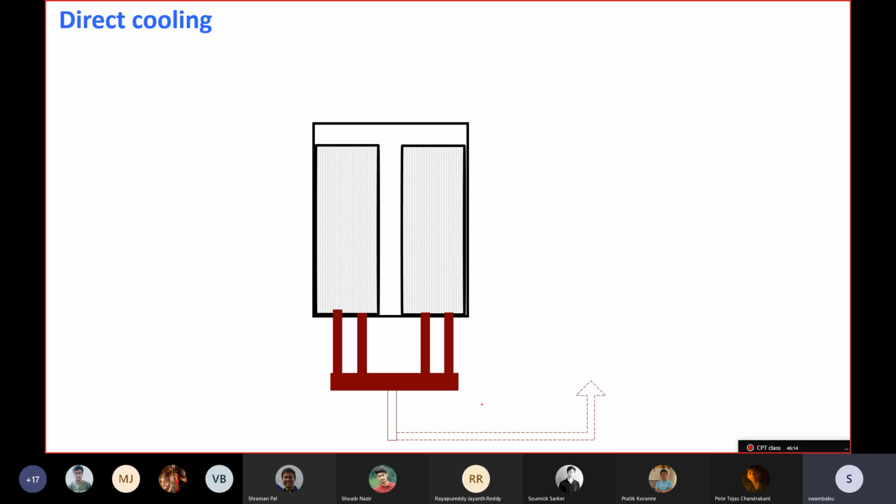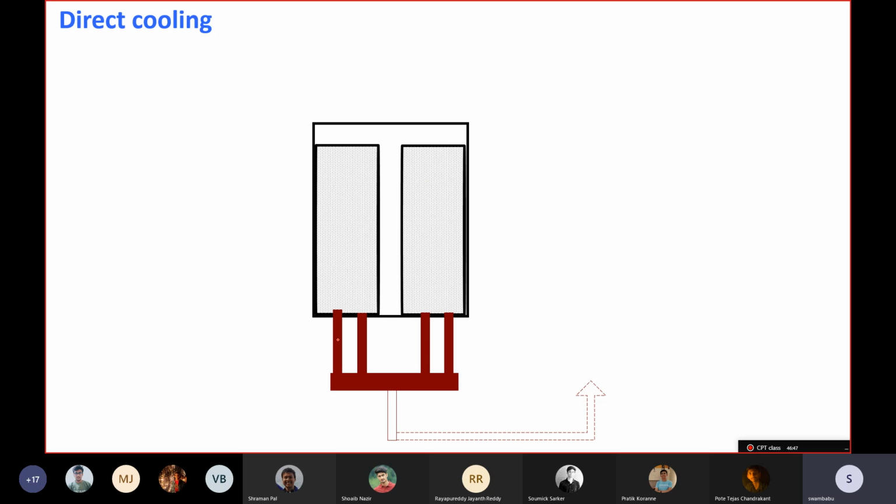So this is the packed bed reactor. Instead of one single bed, it is divided into two beds. Previously we have seen one complete bed. Instead, it is divided into two beds, one in the left-hand side rectangular block and the other in the right-hand side rectangular block.